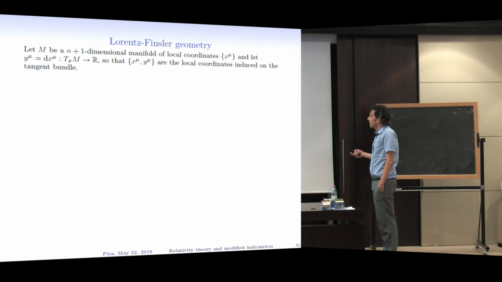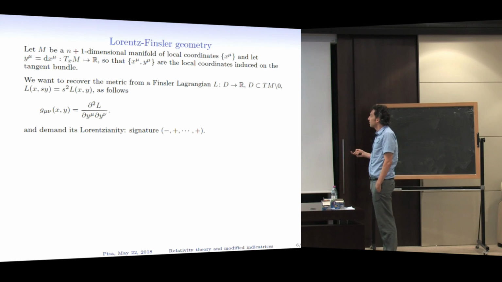So we start with a smooth manifold with the same induced coordinates on the tangent bundle, and we would like to recover the metric this time from a Finsler Lagrangian. This is the setting of Lorentz-Finsler geometry. Basically this Lagrangian is defined over a subset of the slit tangent bundle.